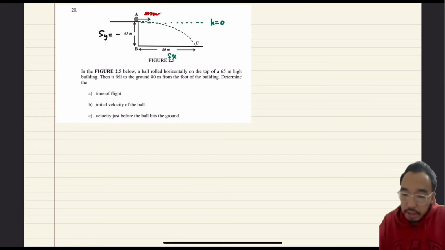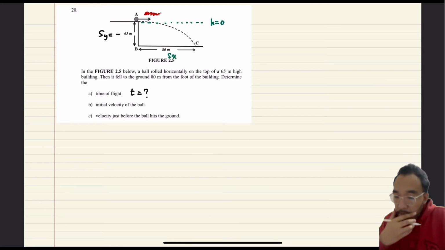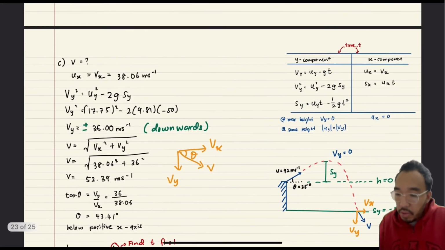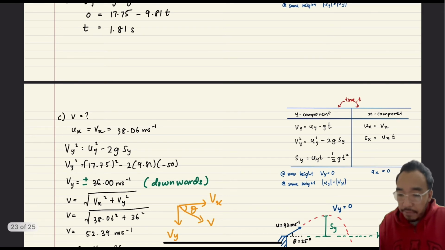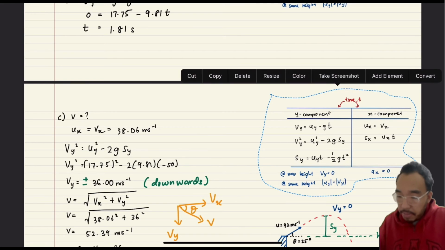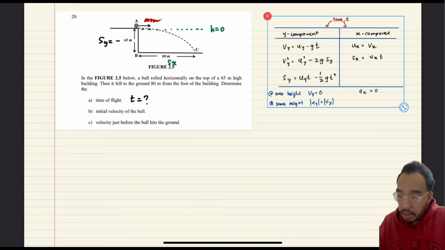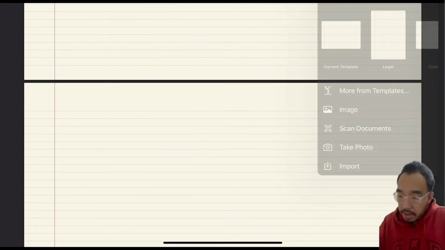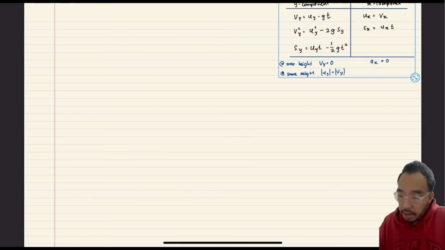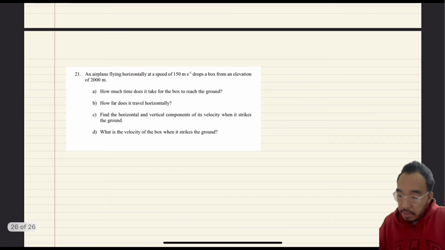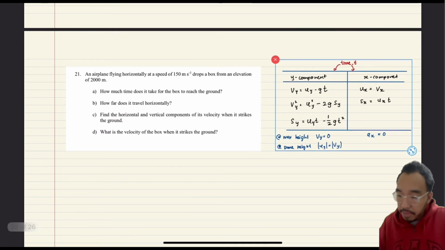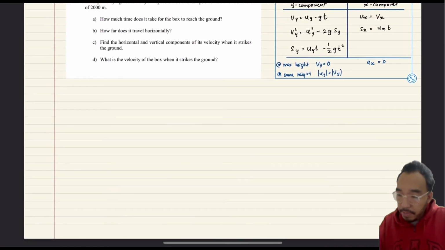Okay, the first question they want to find is the time of flight. If you want to use the x component, you don't have enough information yet.